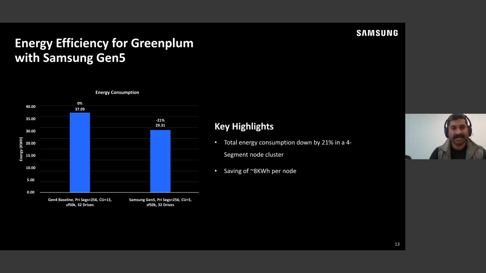So a lot of power saving directly, and this is with only Gen 5 coming into the picture, right? We did not have the power throttling numbers yet, so we are still testing in our lab. But you can imagine that once the throttling also comes up, it will add to the savings you are going to get on the power side.